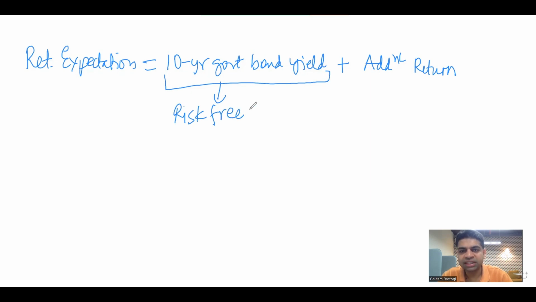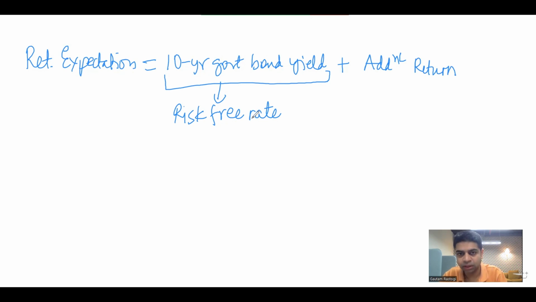If you're investing in the Indian 10-year government bond, which yields 7.2% right now, it's thought to be risk-free. The investor thinks that they're going to make this rate in any case. So it's considered pretty safe. But let me add a caveat: it's not entirely risk-free. We'll cover that later.